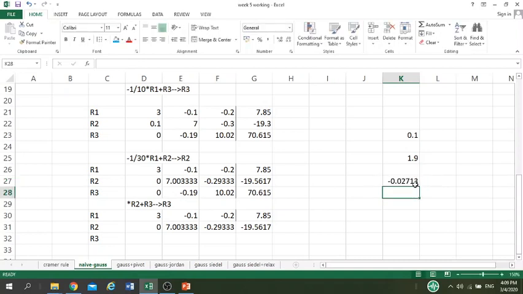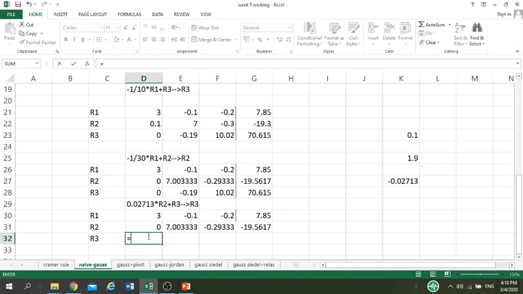So this is the value that we are looking for. It should be positive 1.1071. So let's try.